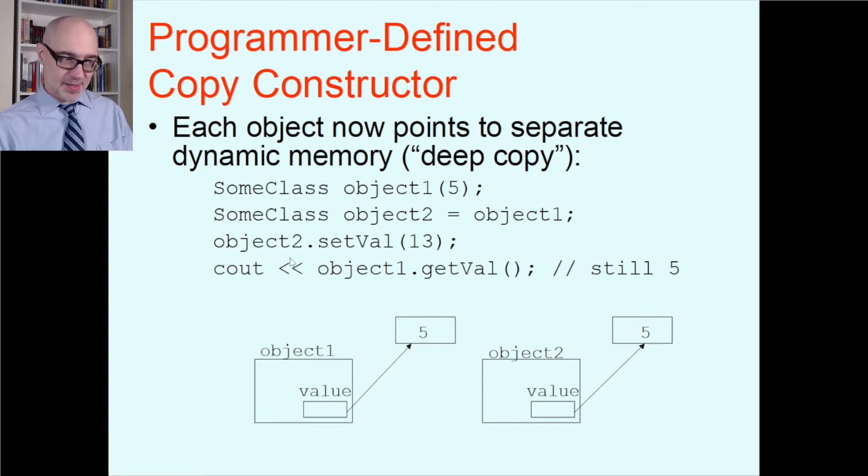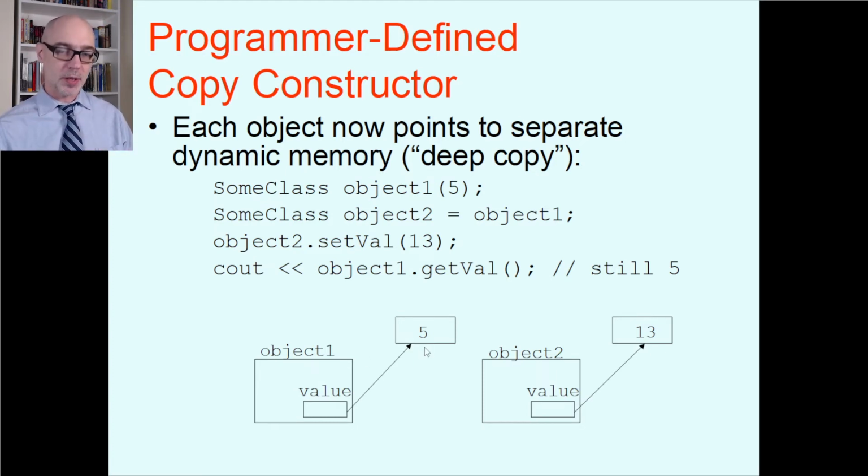Now, let's say you call object 2's mutator setVal13, and let's see what happens here. Well, in this case, you're only changing the data location pointed to by value, and that's the one that object 2 has full and complete ownership over. It's not in conflict. It's not arm wrestling some other object for it. That's its own thing.